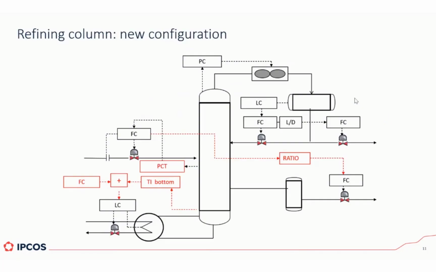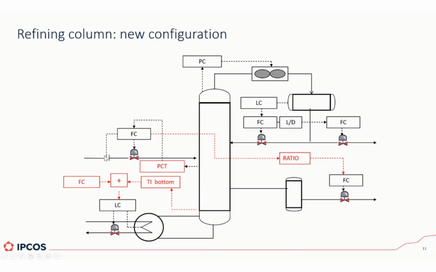So again, a bit of background of how the column was configured, or how the base layer controls were configured by us initially, and then after we put the APC on it. So first, these were the configurations we did. Let's just try and understand.